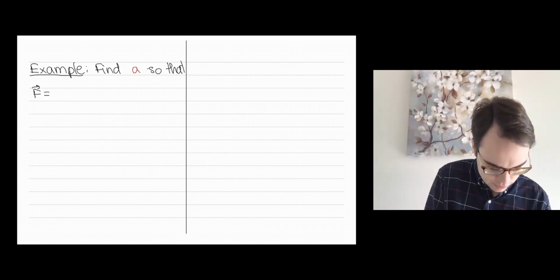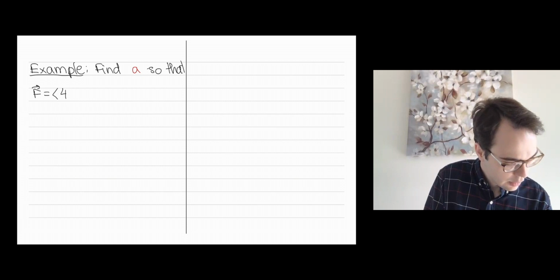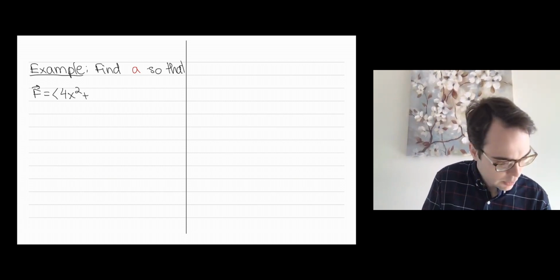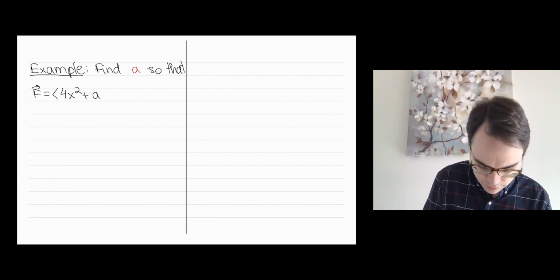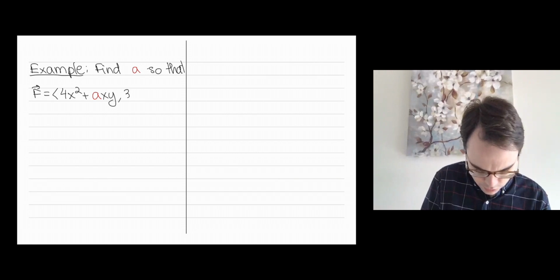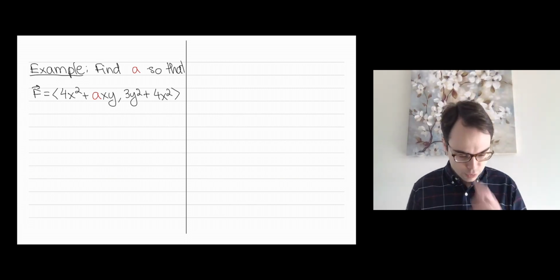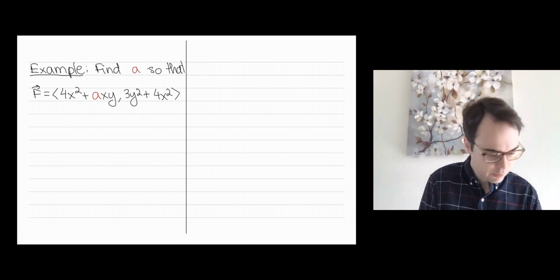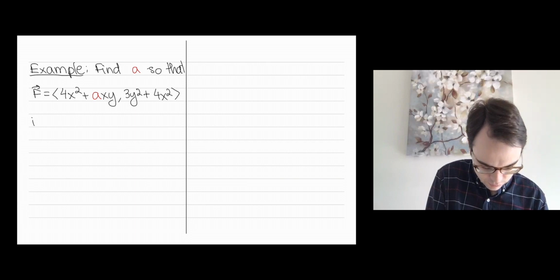First component is 4x squared plus axy. So this is that parameter a times xy. And the second component is 3y squared plus 4x squared. Okay, so find a so that this vector field is a gradient field.